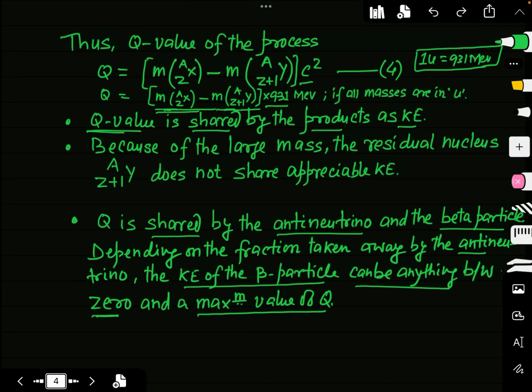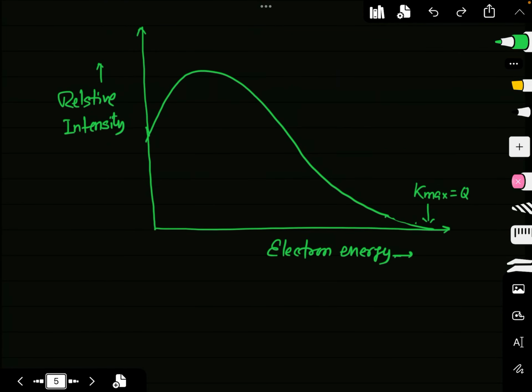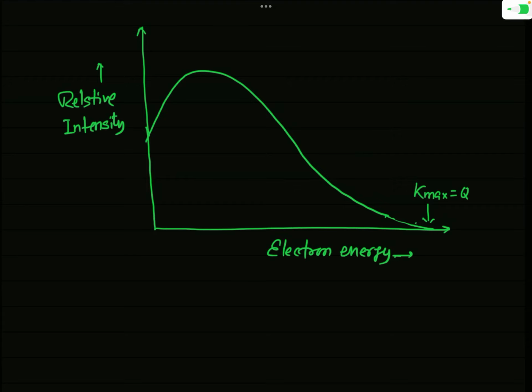Actually, the variation of this energy of the electron against the relative intensity, or you may call it the relative number of electrons, how this energy is shared, has been shown in this graph. You can see the electron energy is varying continuously from 0.